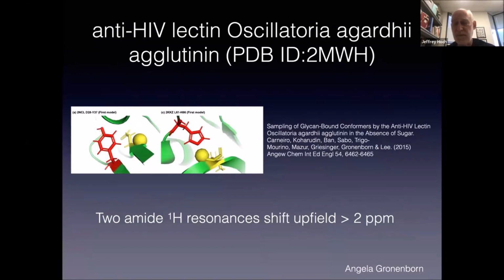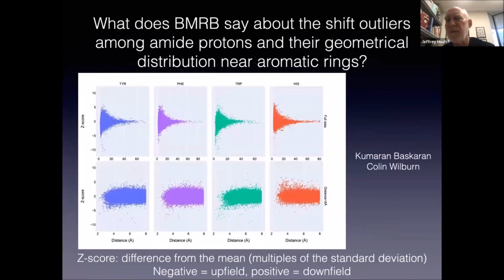And the quick answer was yes, they're more than likely the result of ring current shifts, but that raised the question, could they also potentially be engaged in hydrogen bonds to those nearby aromatic rings? And so one of the things that Angela's question elicited was, can we look through those outliers in the BMRB shift data to find additional evidence, potential evidence of hydrogen bonds in proteins? So let's take a quick look at the distribution of amide proton shifts.